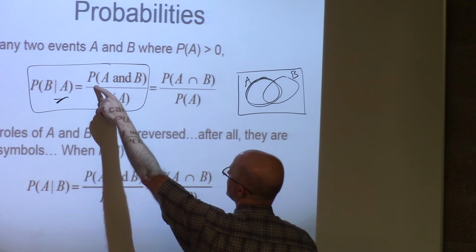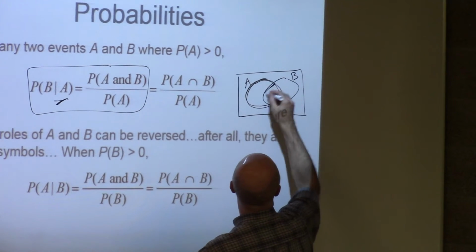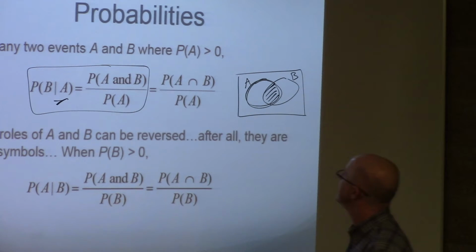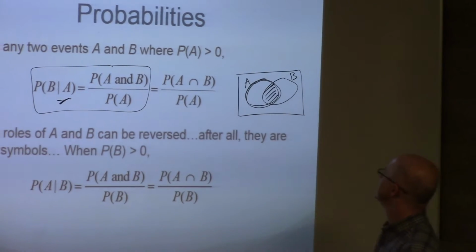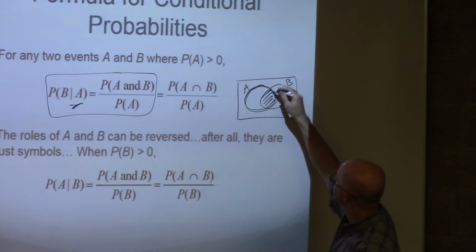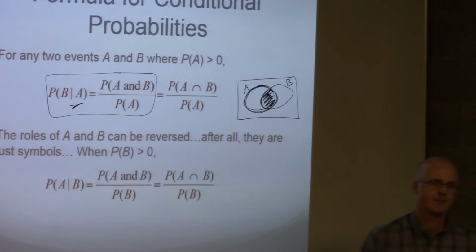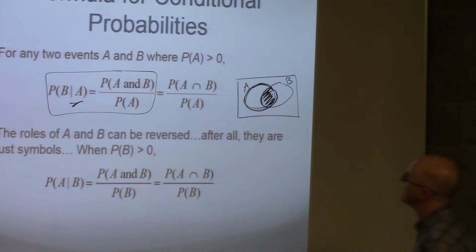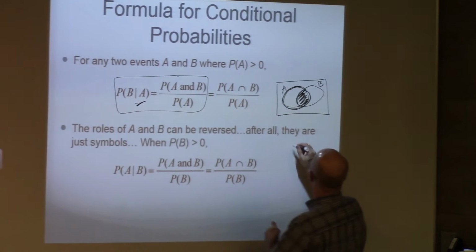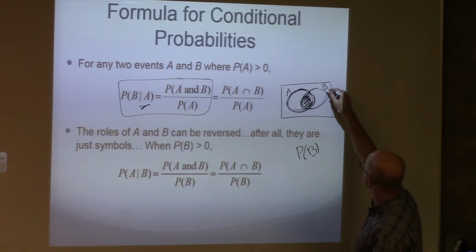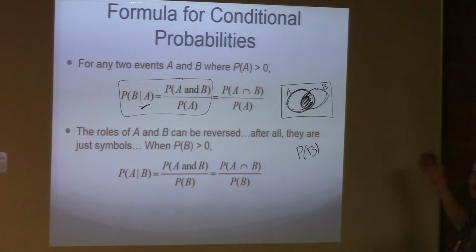Based on that new information, what is the probability that B occurs? The formula says to take the probability of A and B occurring, what's in here, divided by the probability of A occurring. And again, if you imagine these areas as representing the probabilities, what this ratio will represent is the fraction of this shaded area right here compared to the total area of A. Rather than, if you're after the ordinary probability of B occurring, that would be the area of the circle for B compared to the total area of the box.